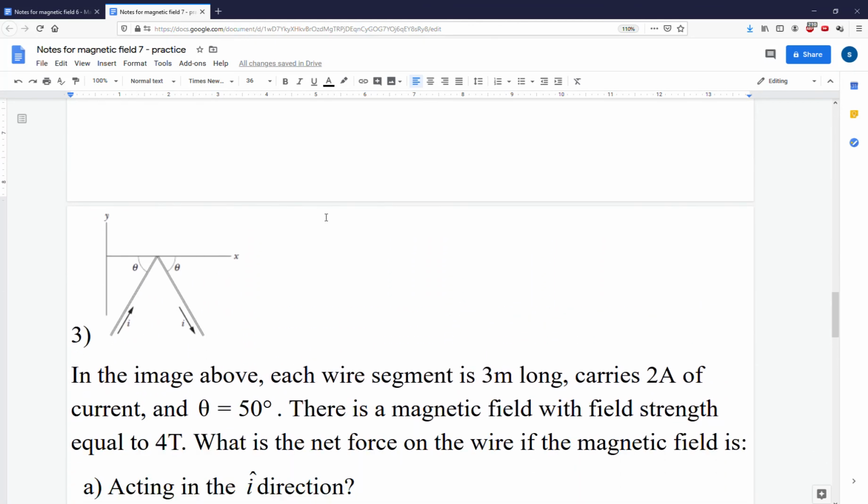Now we're going to have to be careful with direction, because the direction of force is perpendicular to this bit of wire, which means that if this angle theta connects to the x, then an equivalent angle theta will connect the direction of force to the y direction, which means the y component will use cosine of theta.